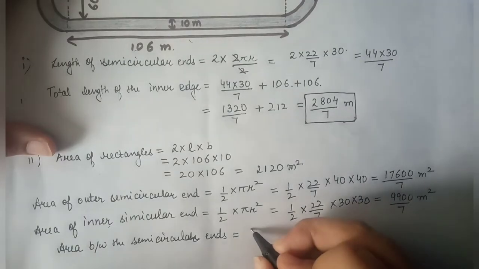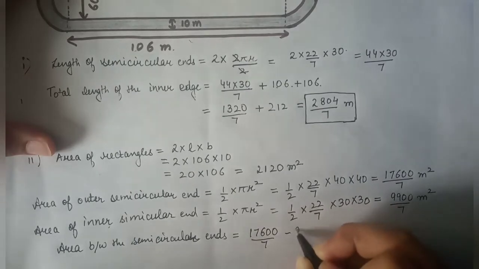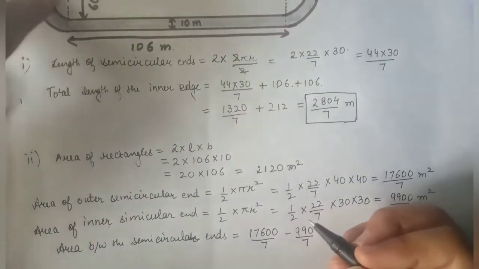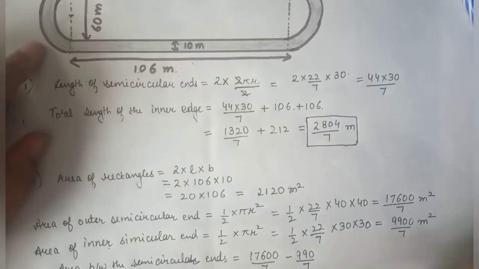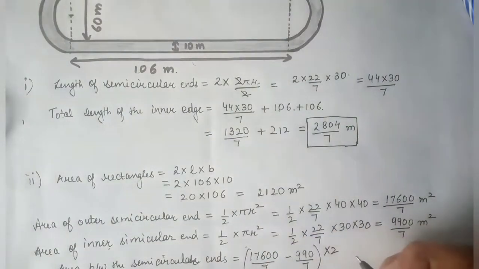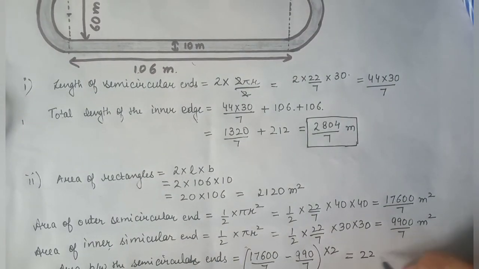So it is 17,600 upon 7 minus 9,900 upon 7, and you will multiply it with 2 to find out the total area of both the semicircular ends. So multiply it with 2. This is equal to 2200 meter square.